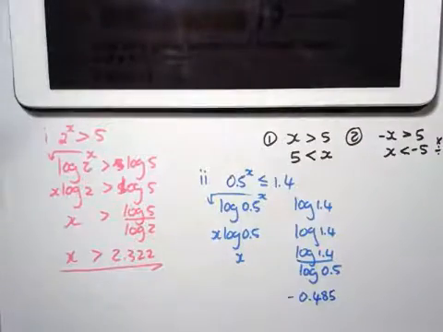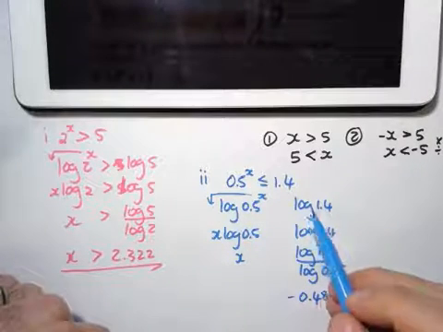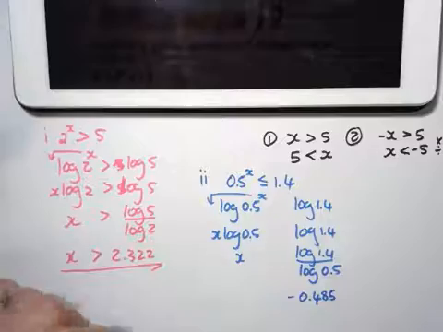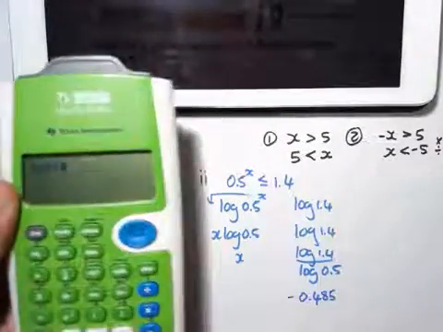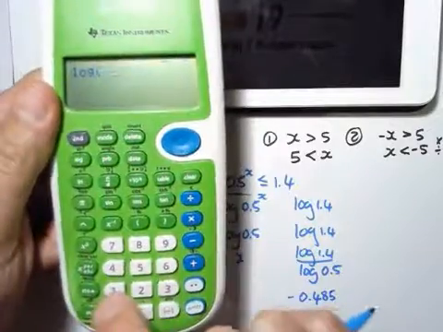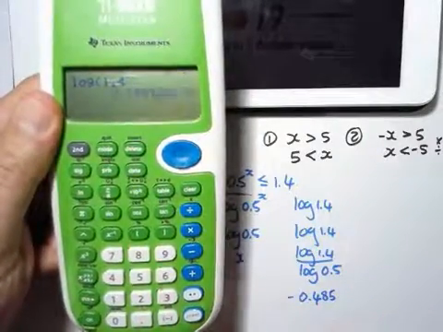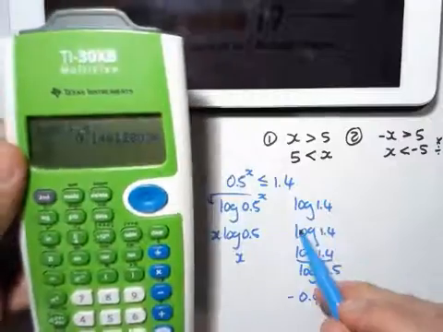Because of that, I know that something is changing. Let me check the log of 1.4: it is about 0.1, so that's positive.